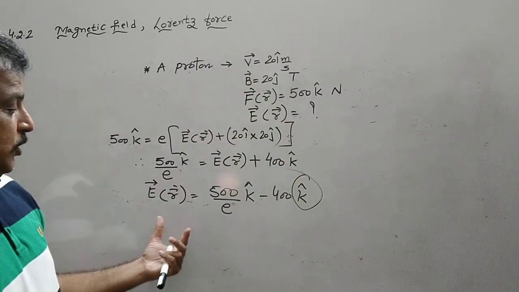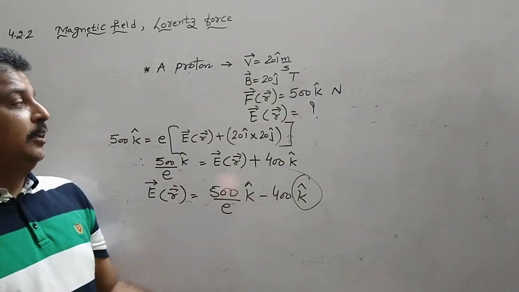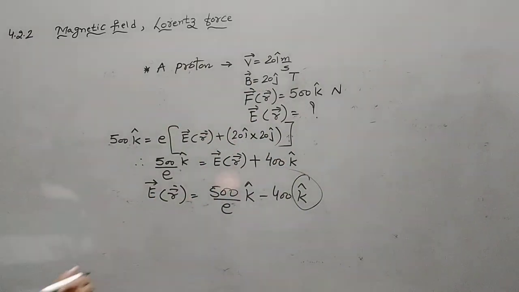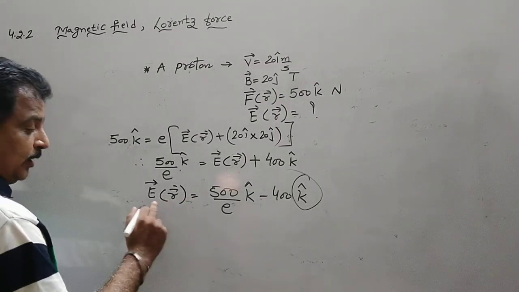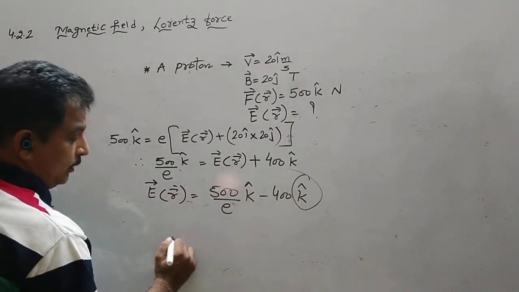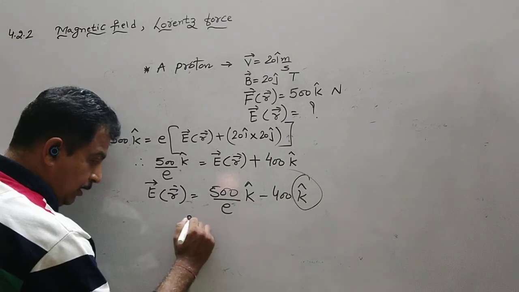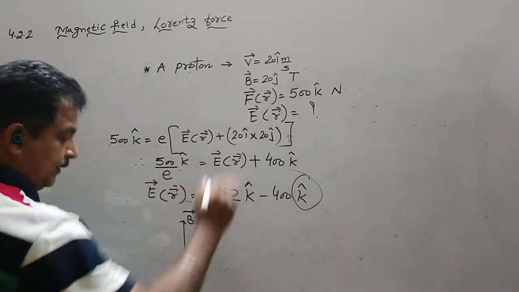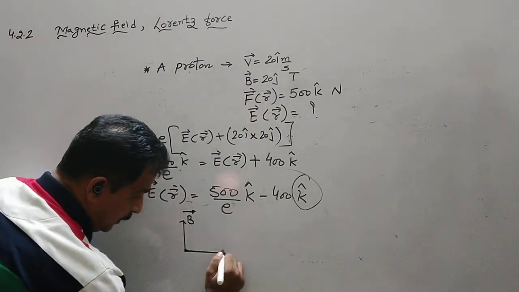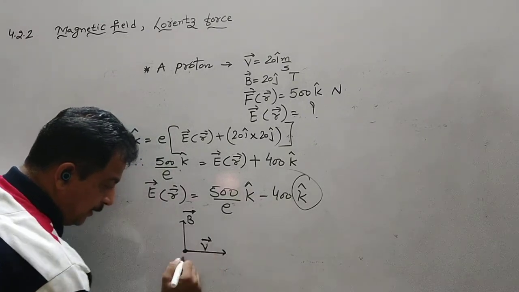In this situation, if I draw the diagram, the electric field is along the z-axis, the magnetic field is along the y-axis, and the particle enters like this.